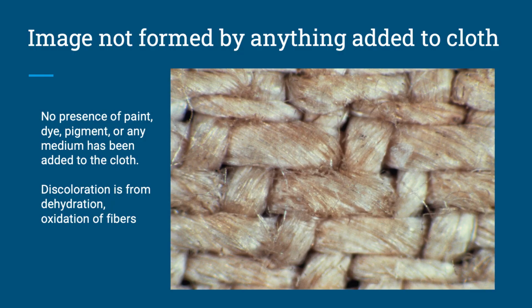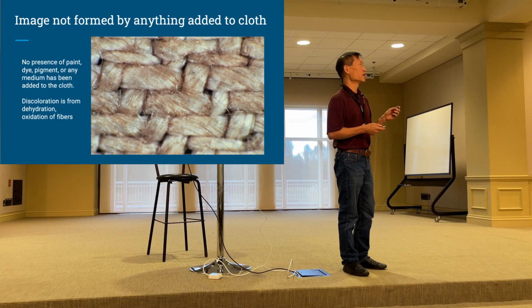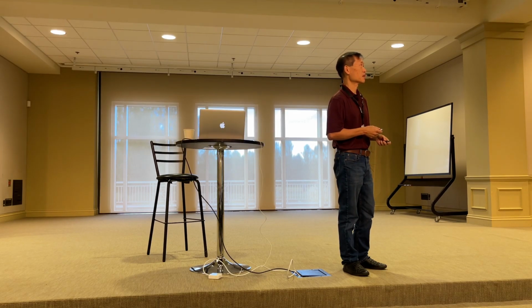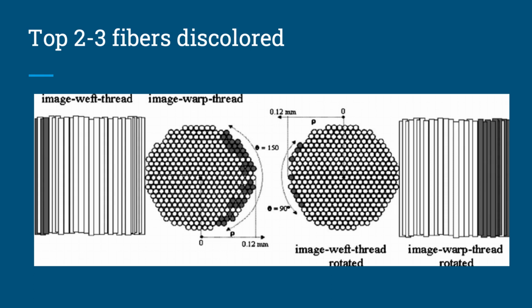Again, there's nothing that's been added to the cloth to make the image. So there's no paint, dye, pigment, or any medium. The discoloration is only from the dehydration and oxidation of the fibers. And it is only on the topmost fibers of a yarn.